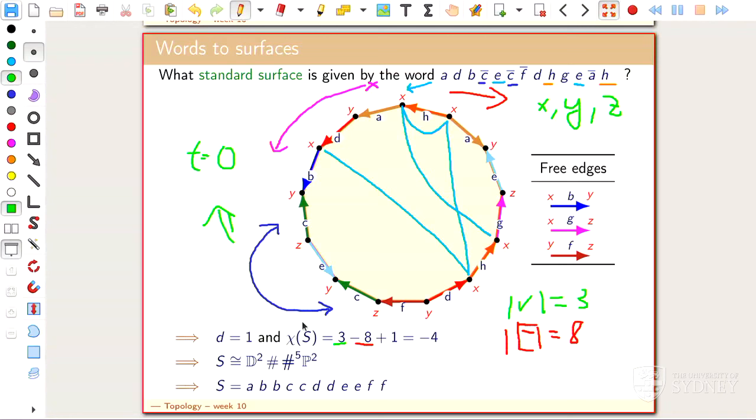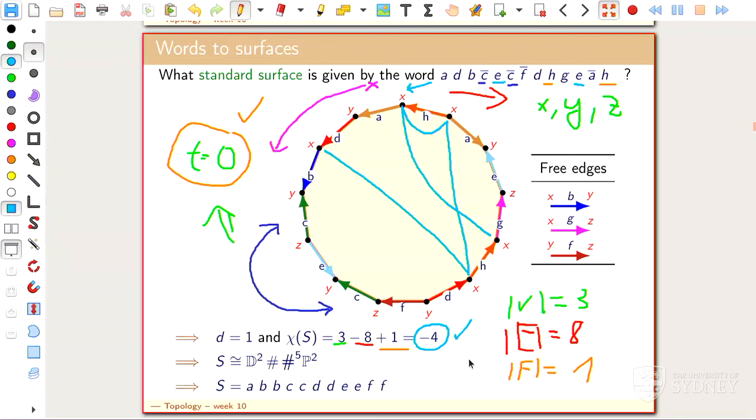So the number of faces, what is a good color? Maybe orange. Number of faces is 1. And if I haven't messed up, then the Euler characteristic is -4. Okay. So we already know T equals 0. We already know that one. And we know that the Euler characteristic is -4.